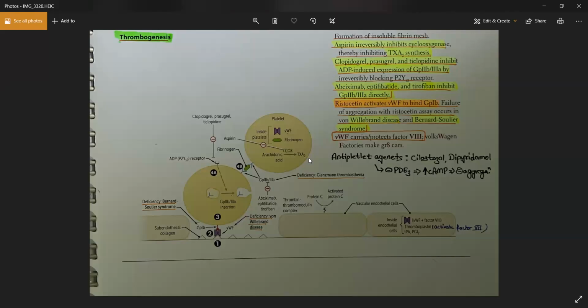So the three disorders are Glanzmann thrombasthenia, von Willebrand deficiency, and Bernard-Soulier syndrome. And the three categories of drugs: one is the ADP receptor inhibitors, second is the glycoprotein 2b3 receptor inhibitors, and third is aspirin.